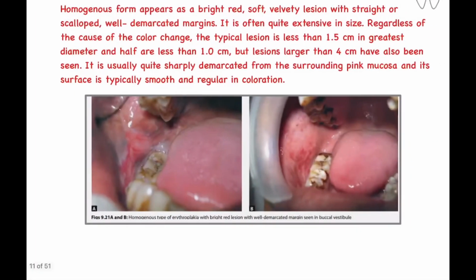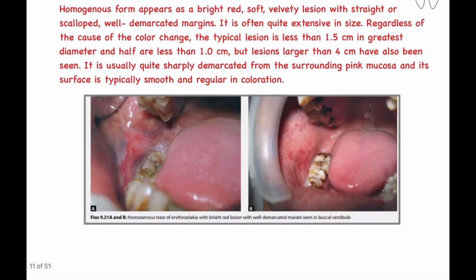It is often quite an extensive form, wherein the size of the lesion might be very big. Regardless of the cause of the change in color, the typical lesion is usually less than 1.5 centimeters in greatest diameter, and it might be less than 1 centimeter. This is a range which has been proposed, but lesions larger than 4 centimeters have also been reported in the literature.